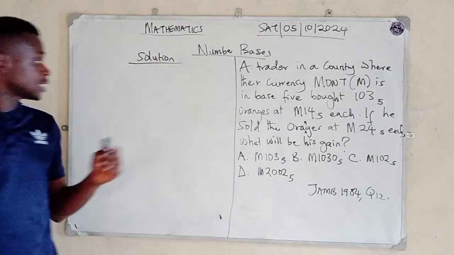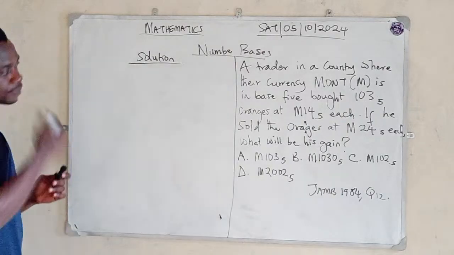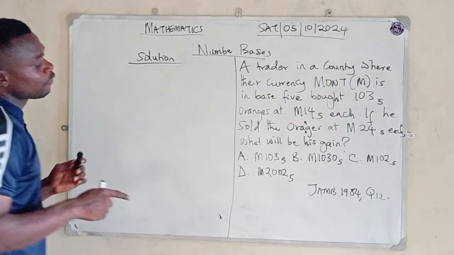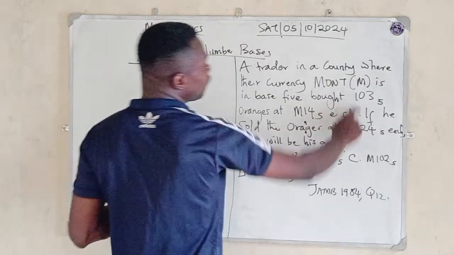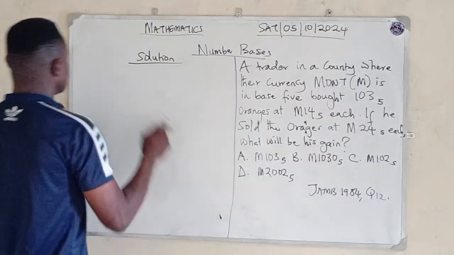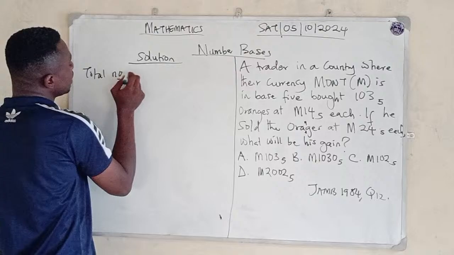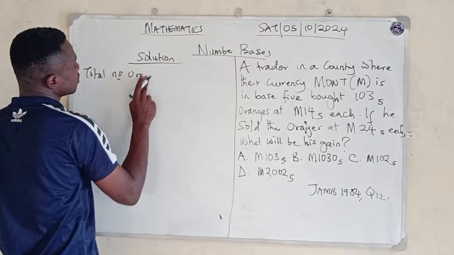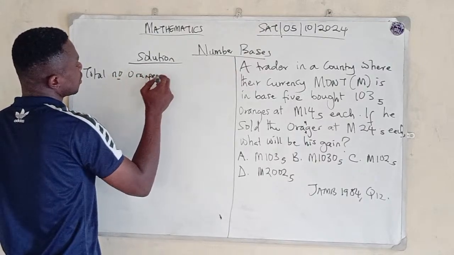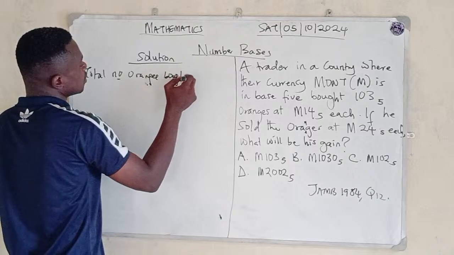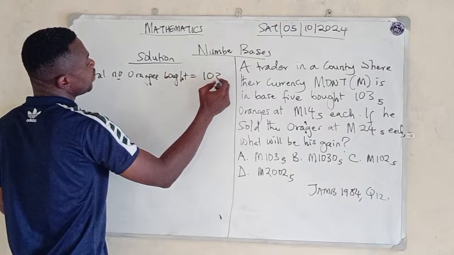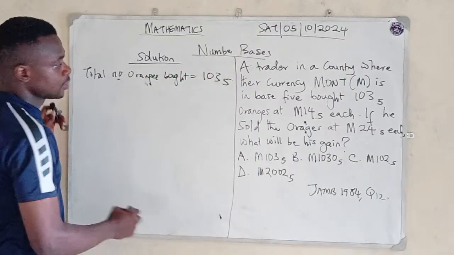So here now, let's solve this question. First of all, total number of oranges bought is 103 to base 5.